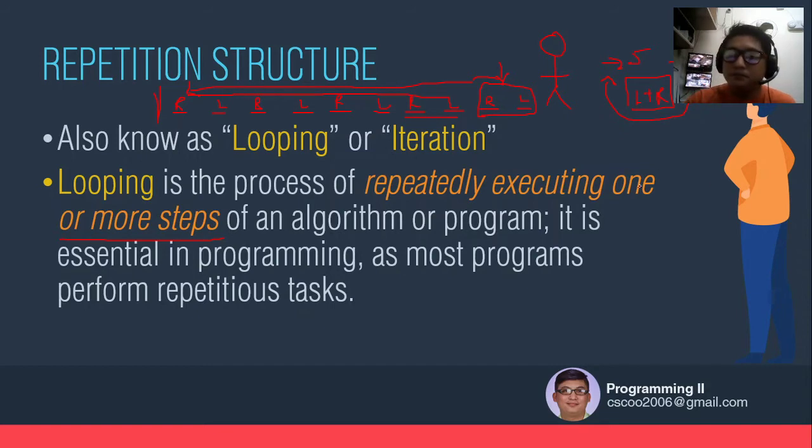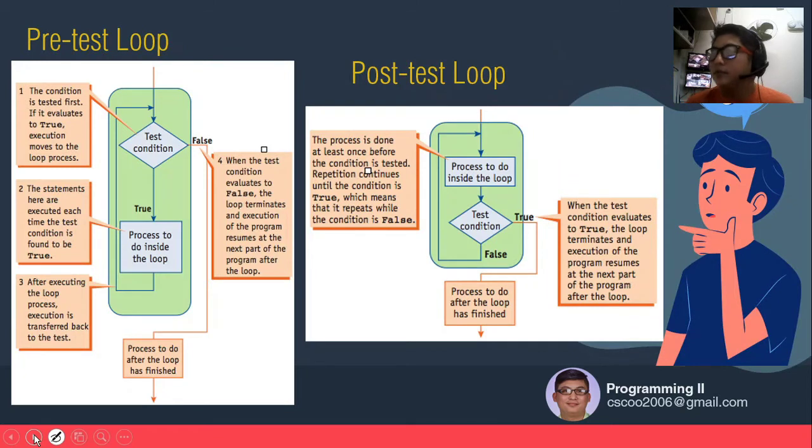Okay. Now, next. So, we have actually two types of loops. Okay, we have pre-test loop and post-test loop. In my previous module, I only mentioned pre-test. When you say pre-test, you ask first the condition before executing the process or the body of the loop.